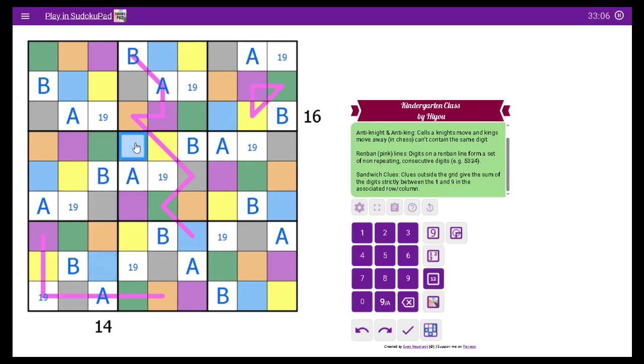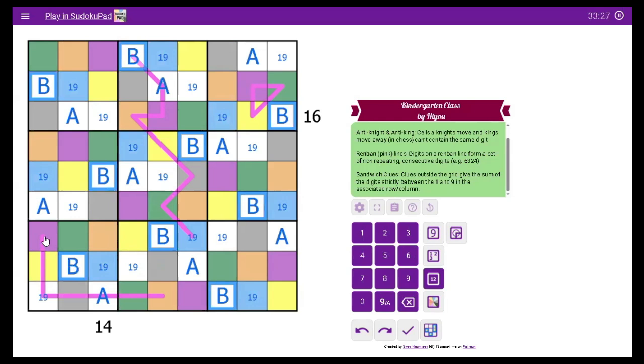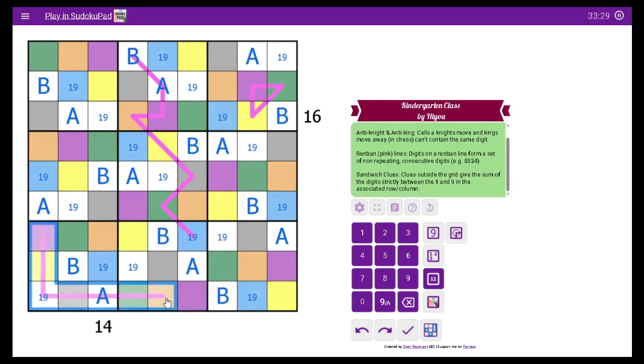So actually, blue is 1 or 9, which is huge. Now, let's take a look at B. So B is not on this 7-cell Renban.